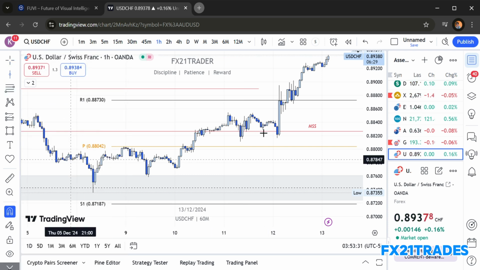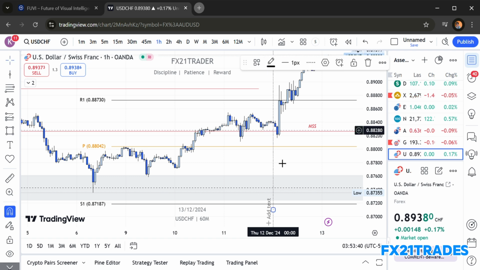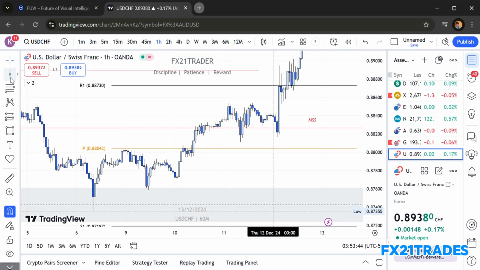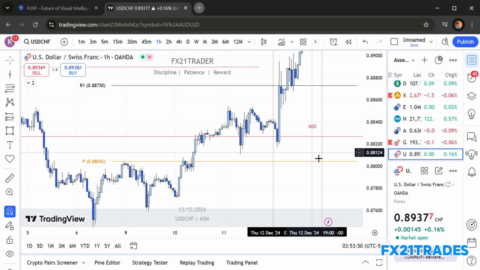There was news on Thursday, and the market opens at midnight as always, as you know. After midnight, I would take this trade potentially on a Thursday.